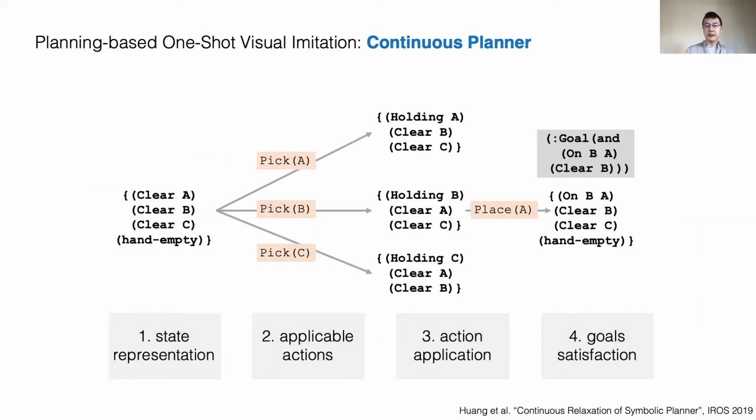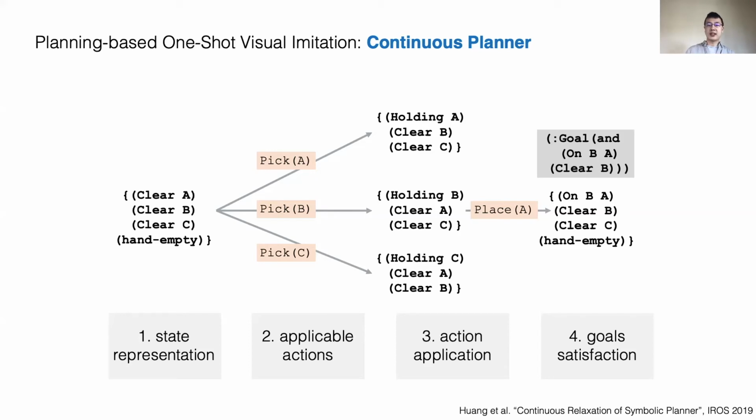To derive this continuous planner, we need to first take a quick look at how a traditional classic planner on discrete symbols works. First, we have the state representation, which is in this discrete and symbolic form.